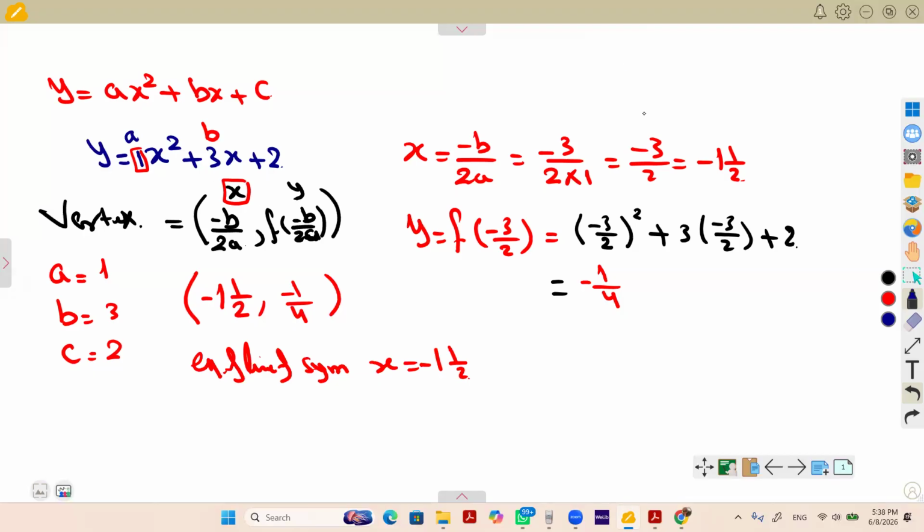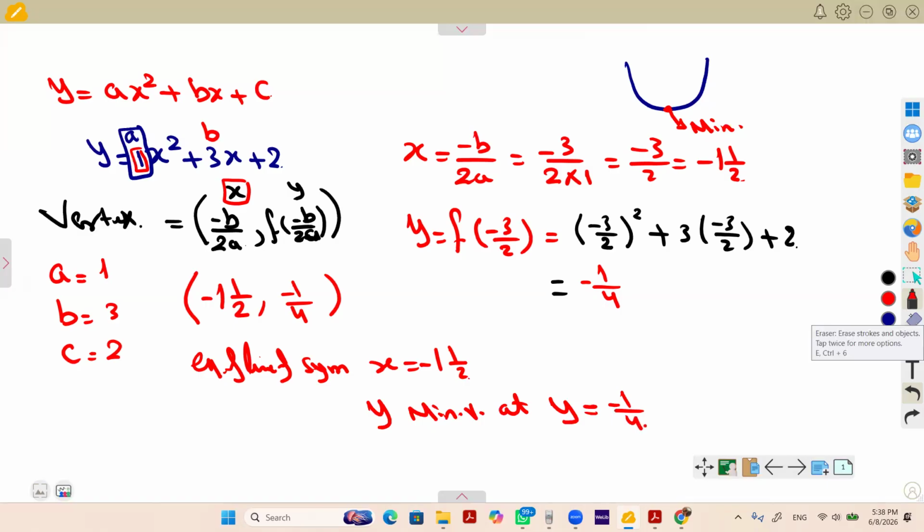How? It's negative. A is positive or negative? Positive. The coefficient of x squared, a, is positive, so it's upward. So the value of y at the vertex will be a minimum value, at y equals negative 1 over 4. Okay? You understand it?